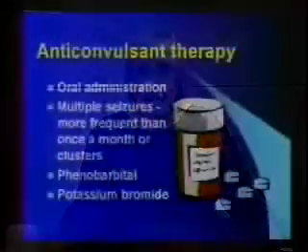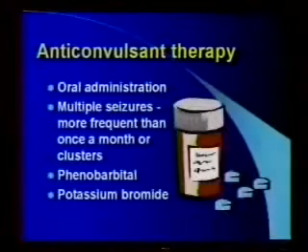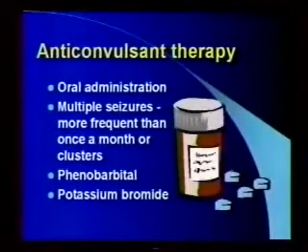The drugs that we use are phenobarbital and potassium bromide. These two drugs listed up here are two drugs of choice. Now you may say, if you're an older practitioner, gee, what happened to the primidone and the dilantin? Well, we don't use those much anymore because we've had some problems with them.